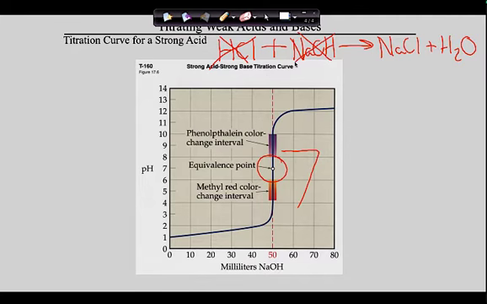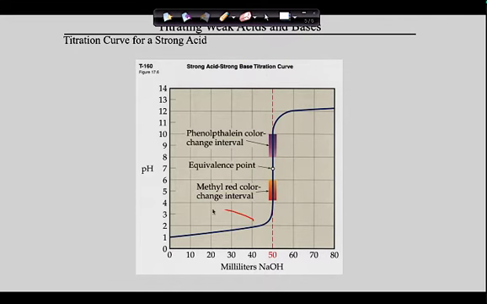There's none of this because it all reacted with the HCl, and the only thing you've got left is table salt and water, and sodium is a negligible acid, chloride is a negligible base, the pH is 7. Is that good?